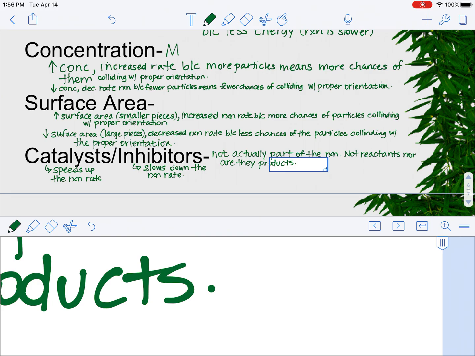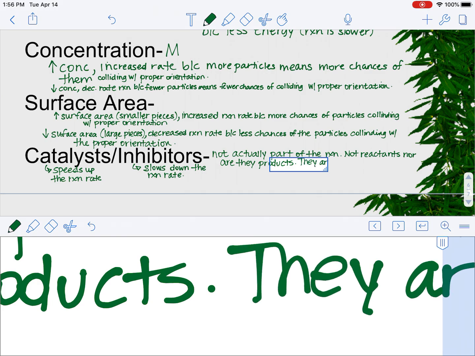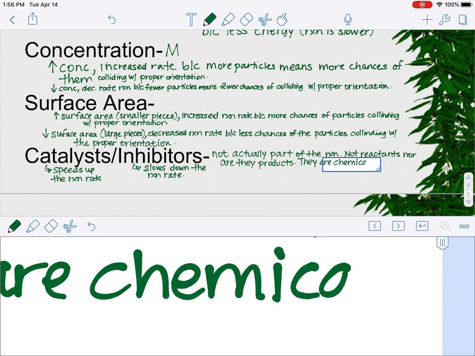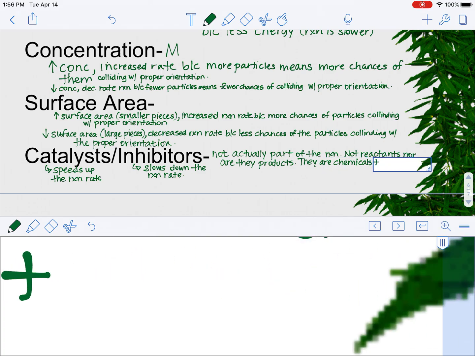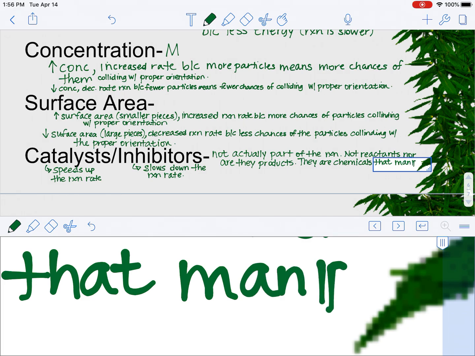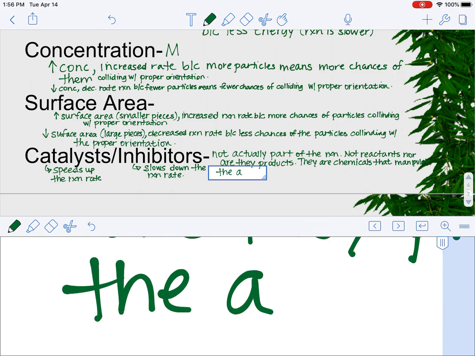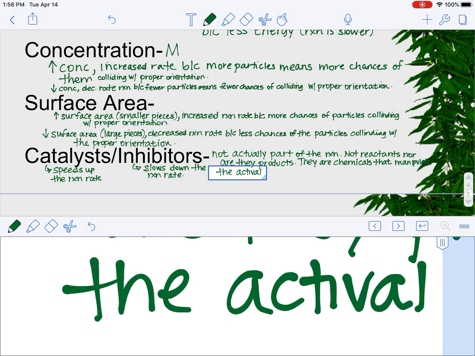What they are is chemicals that manipulate the activation energy.